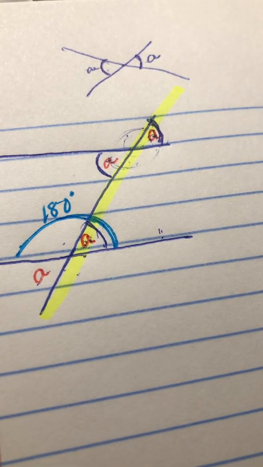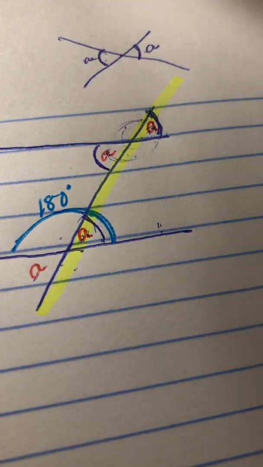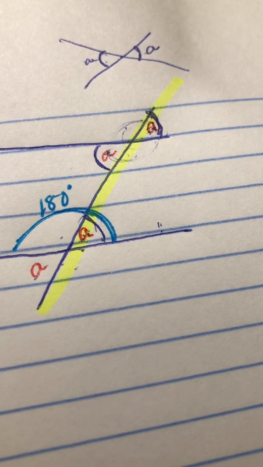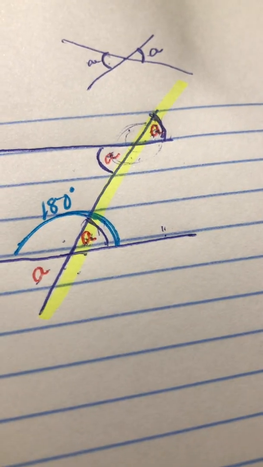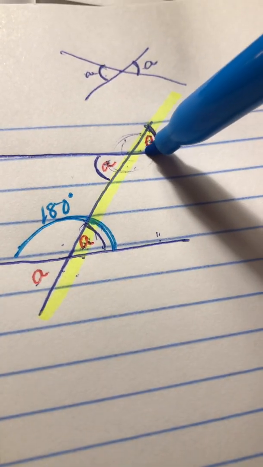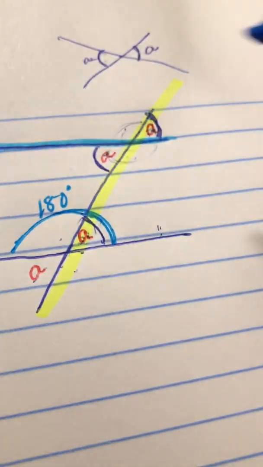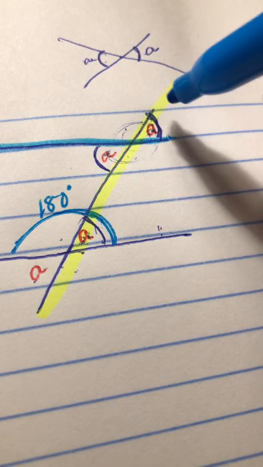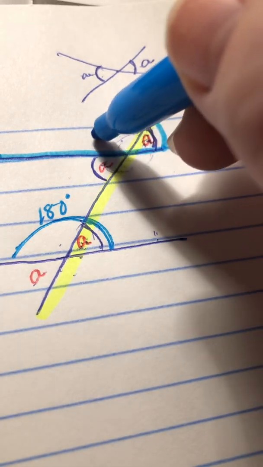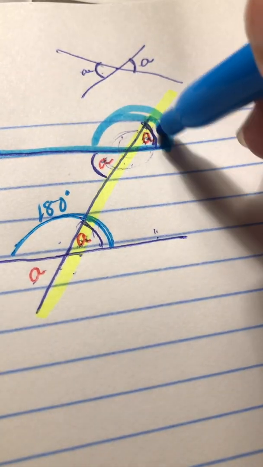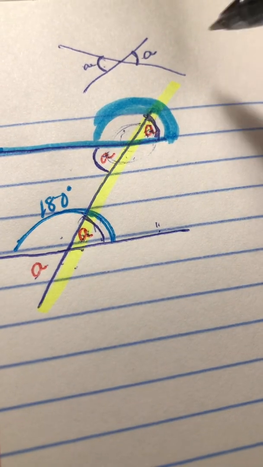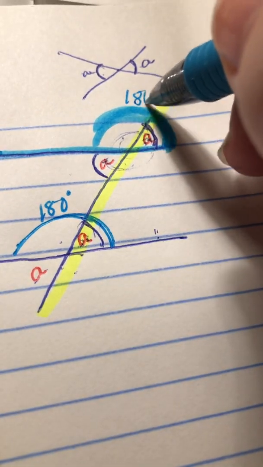Then the third concept that I wanted to make sure that you understood has to do with when you have two angles that come together that form a straight line. Here's this straight line, formed by this angle and this angle coming together. And when you have a straight line, it's 180 degrees.